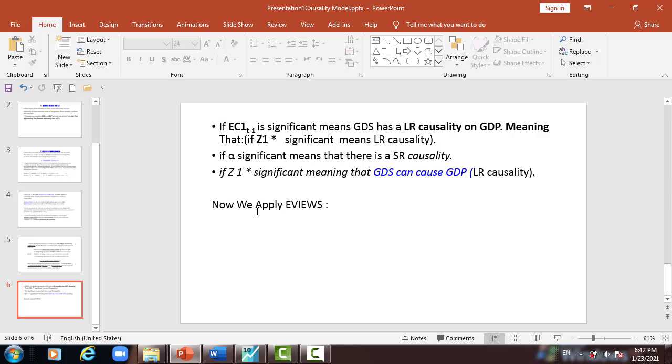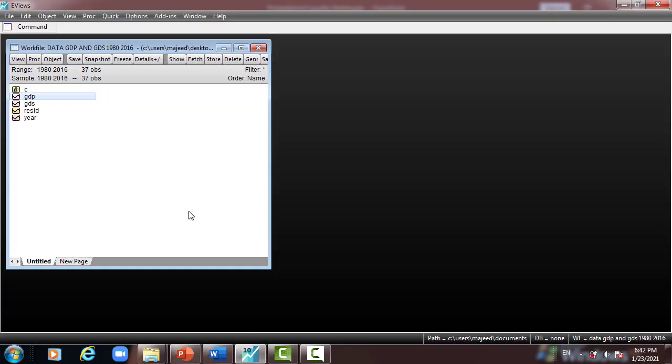Now we have to apply this in EViews. This is the data we have, GDP and GDS.